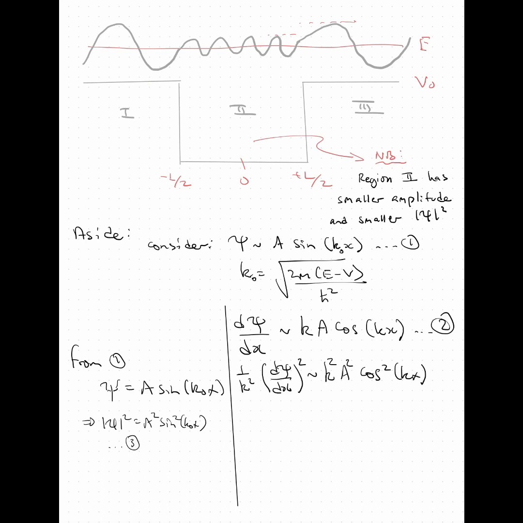So I'm squaring the function both sides and dividing by k squared. And if I do that, I get the following.